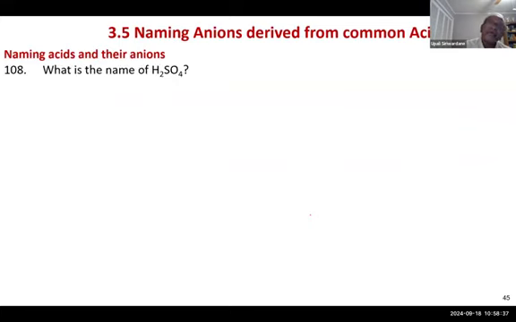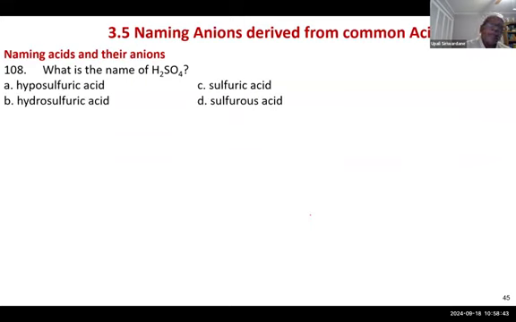What is the name of H2SO4? This is not a... this is hydrosulfuric acid. That's the correct answer.